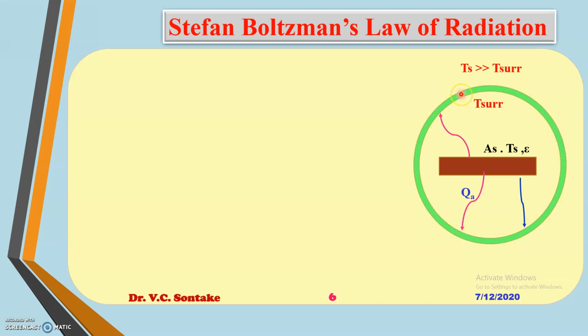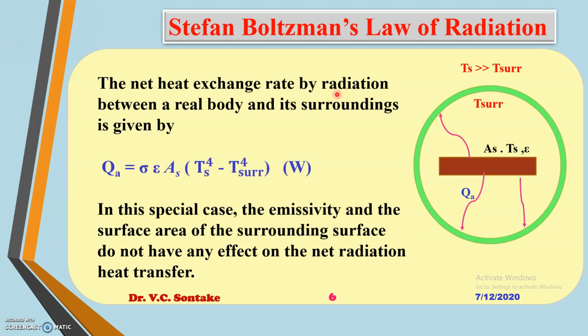So basically what is happening here, the heat transfer is taking place from this body to the surrounding by radiation mechanism. So from Stefan Boltzmann law of radiation, the net heat exchange rate by radiation between a real body and its surrounding can be given by the equation Q is equal to sigma epsilon As into Ts power 4 minus T surrounding power 4.